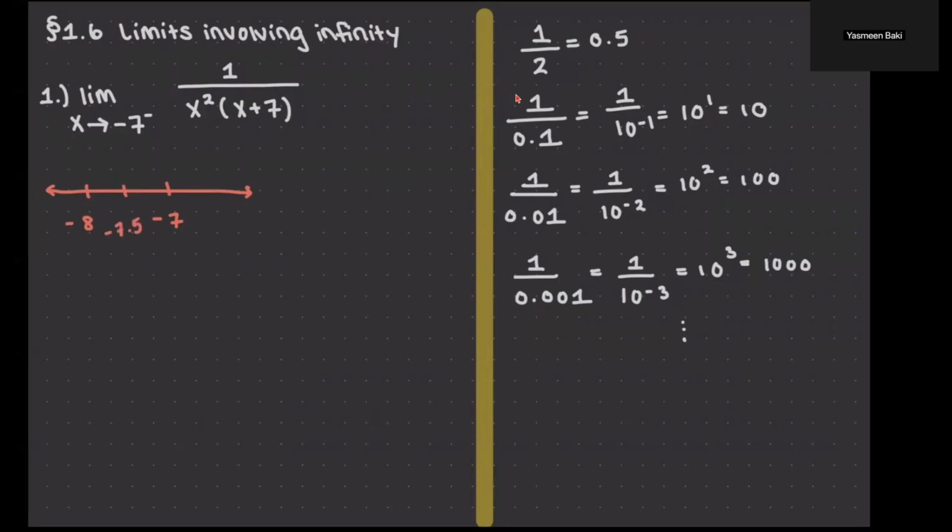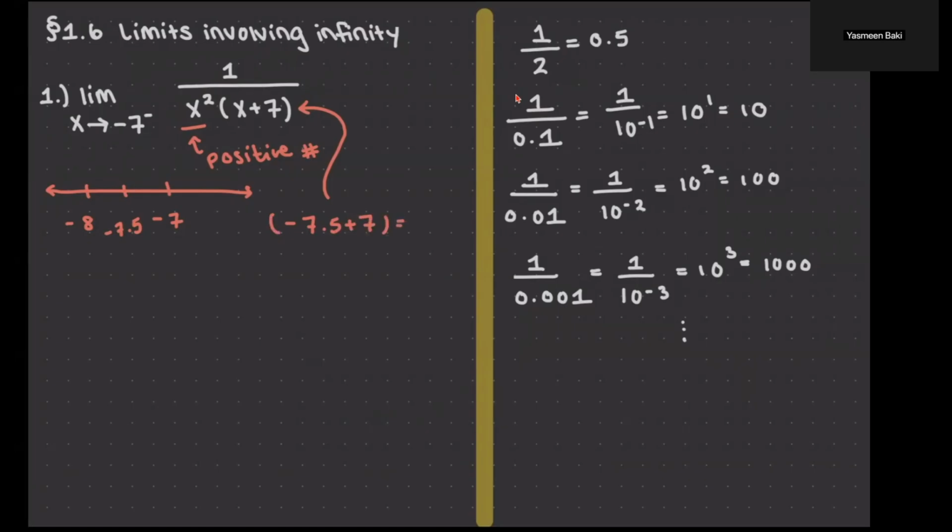All right, so looking at this, we have 1 divided by, okay, so something squared. If I have like negative 7.5 squared, well, this is going to be a positive number. But then here we have something like, let's say negative 7.5 plus 7.